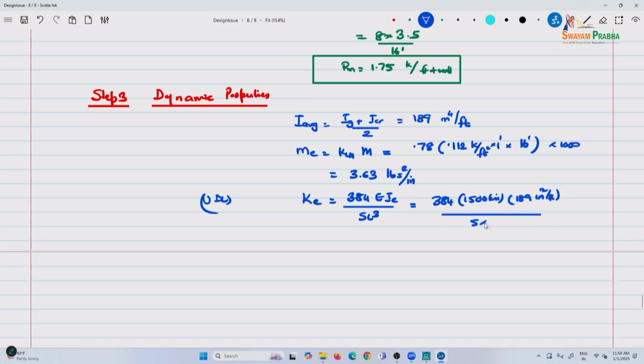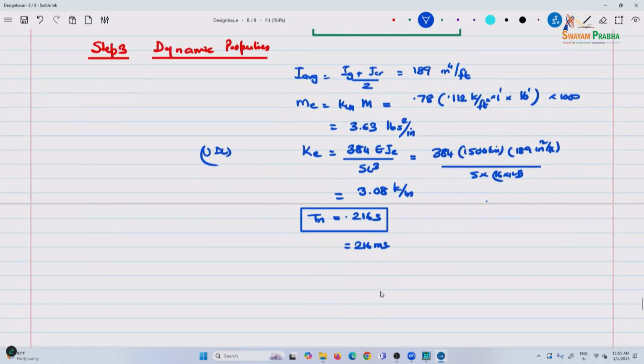So KE comes to 3.08 kips per inch. Tn is point 216. It's a small short problem, milliseconds. Then the last step is the wall response.